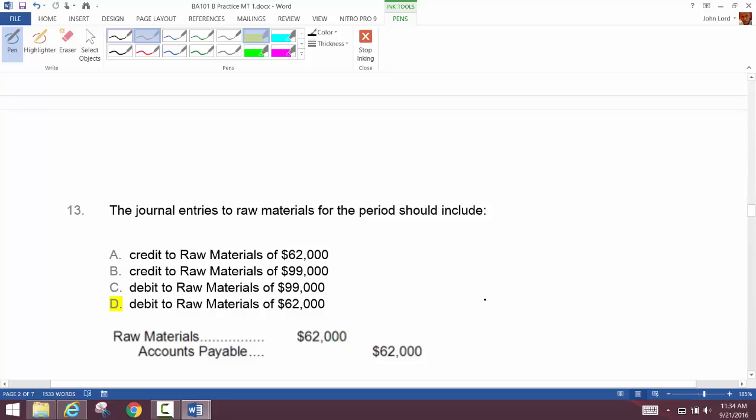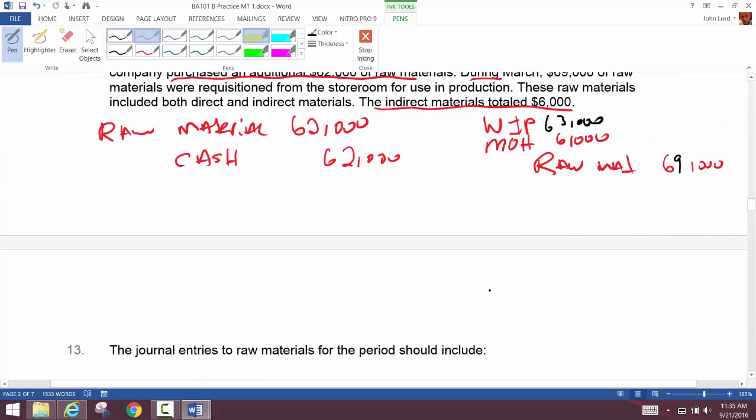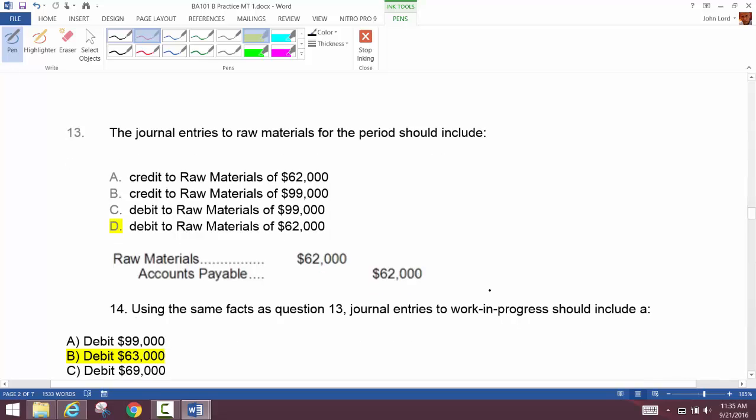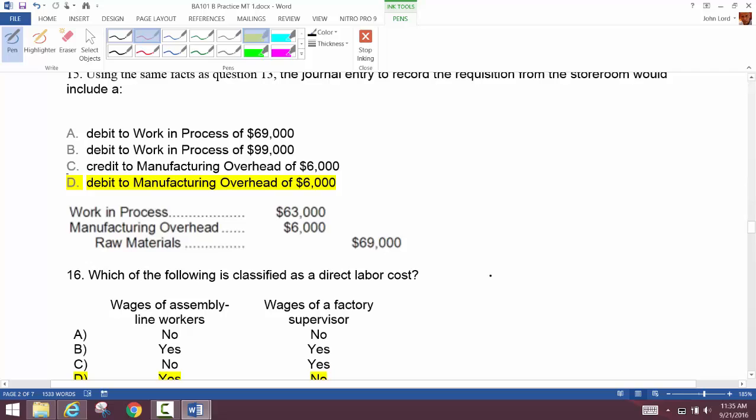Using the same facts as question 13, journal entries to work in progress should include the debit for just the 63,000, right? And then using the same facts as question 13, the journal entry to record the requisition from the storeroom included a debit to manufacturing overhead, right? And there's that same entry that my pen wouldn't work on.